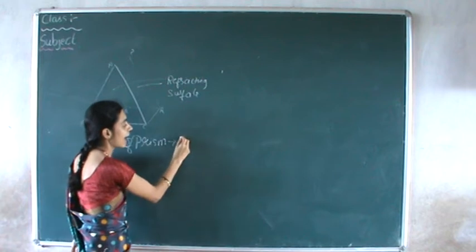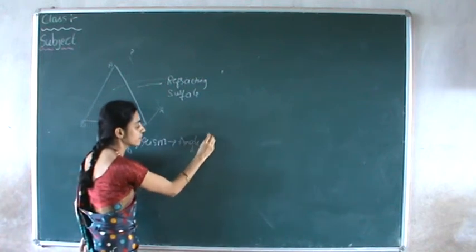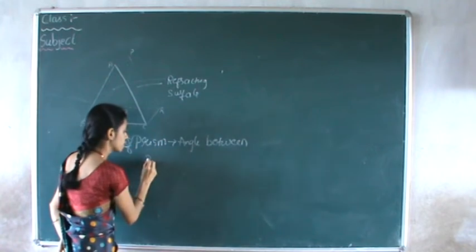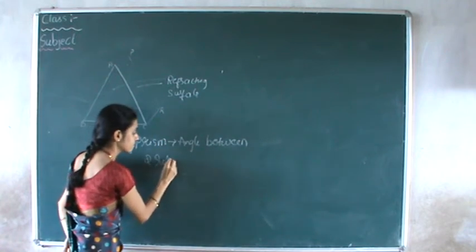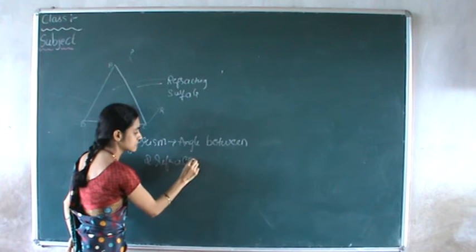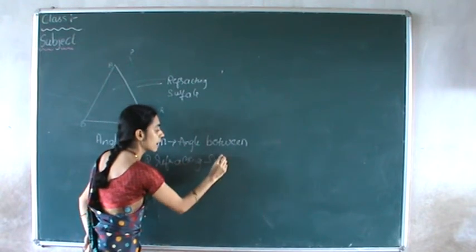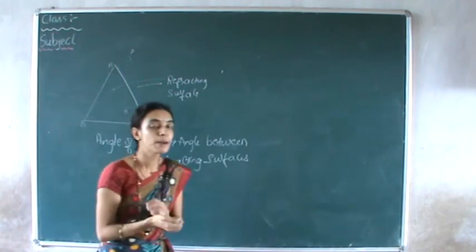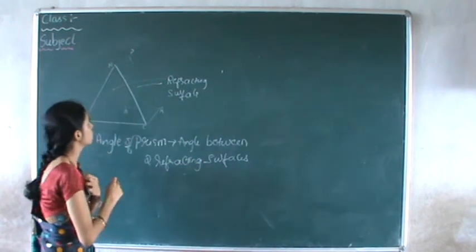It's the angle between the two refracting surfaces. So these two refracting surfaces should be non-parallel. That thing you should remember.